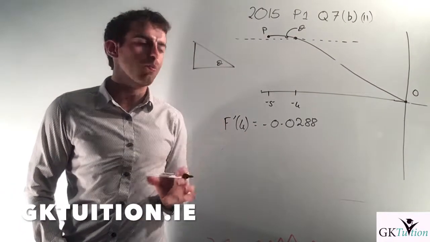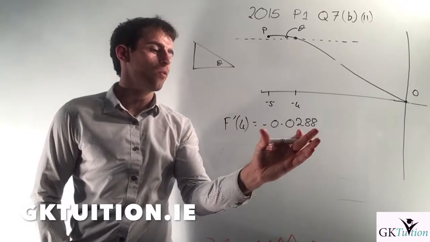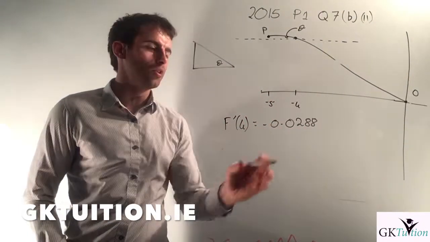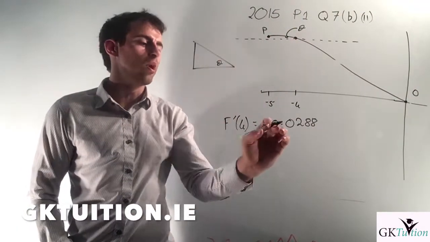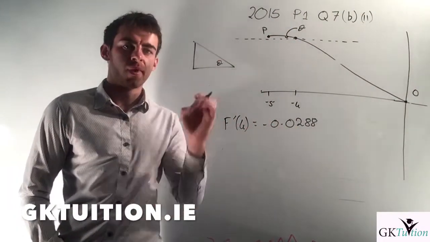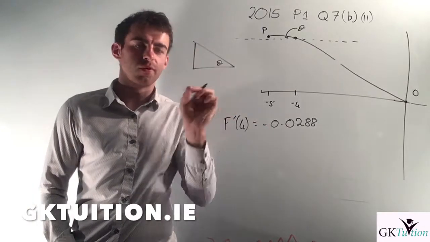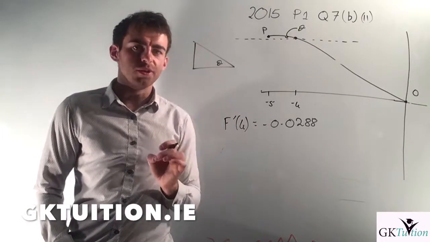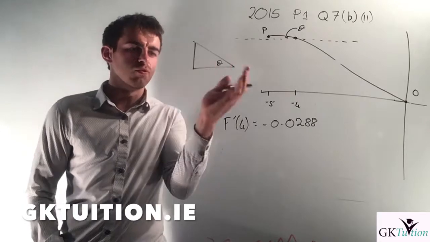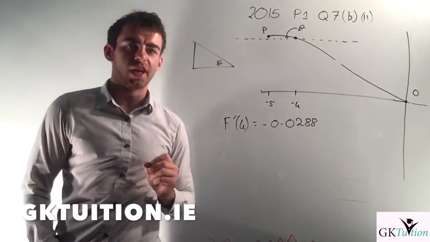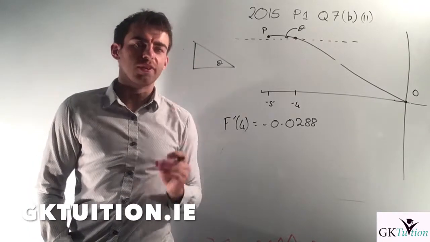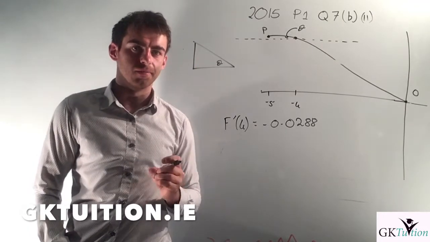I know that the slope of the function when x is minus 4 is minus 0.0288. The slope is the rise over the run, and if this was a right angle triangle, that's the opposite over the adjacent, and the opposite over the adjacent is the tan of the angle.